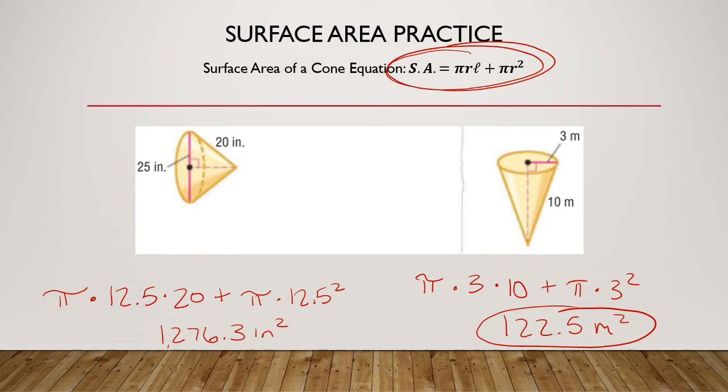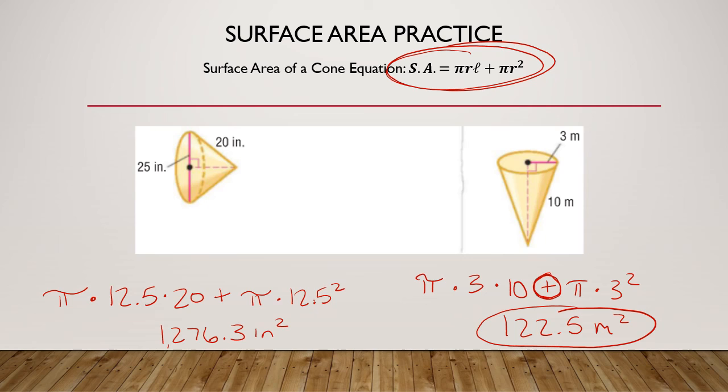The second example, I replaced the radius, wherever the r is in the equation, with 3. And I replaced the cursive looking L, which is actually the slant height, with 10. Remember to put this plus sign in between. Sometimes we forget that that's actually supposed to be a plus.